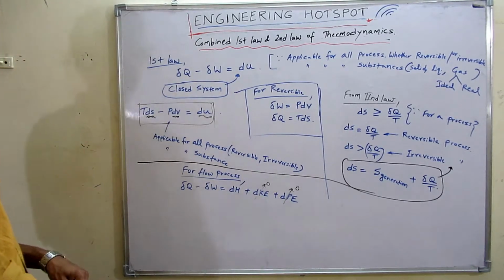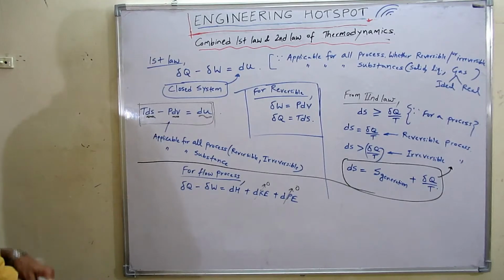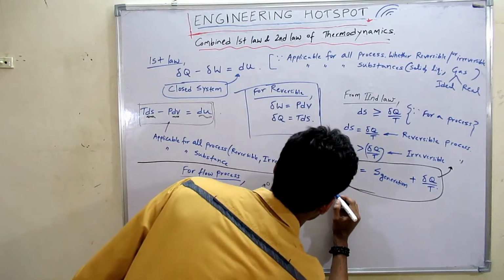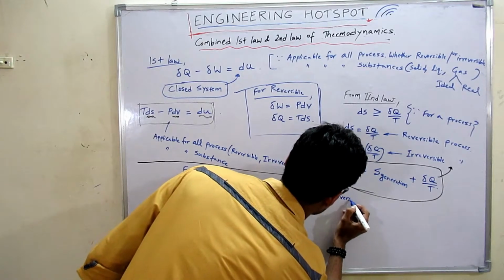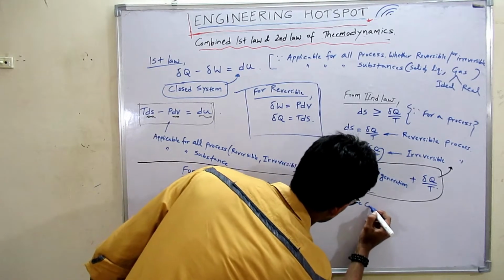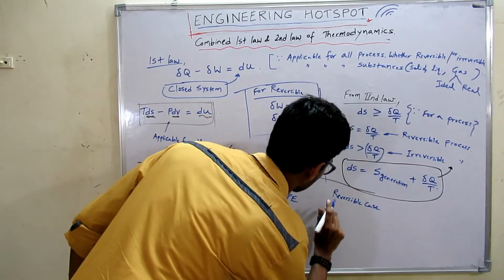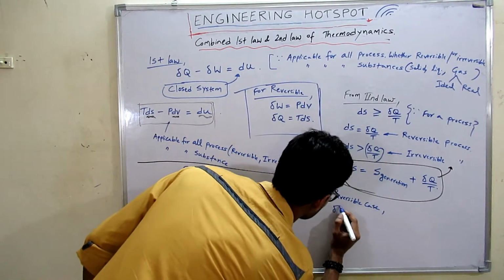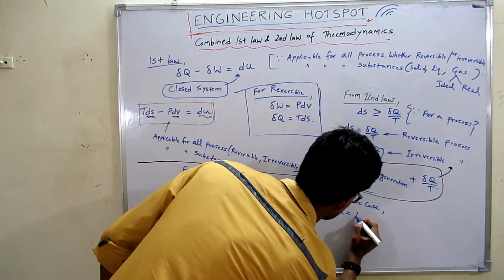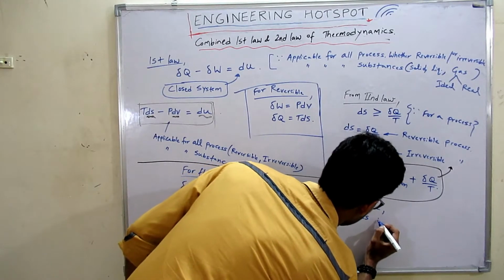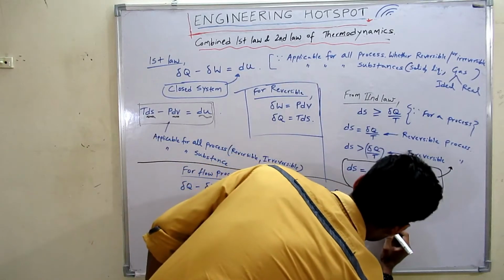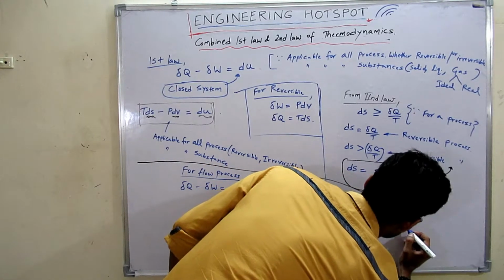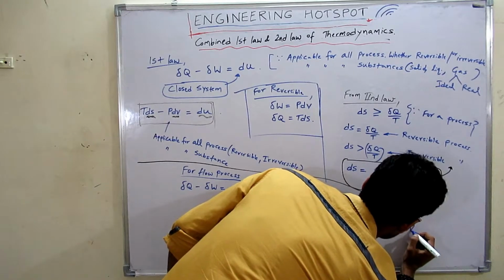Now try to replace for a reversible process. For reversible case, you can write delta Q is equal to TdS, and you can write delta W is equal to minus VdP.